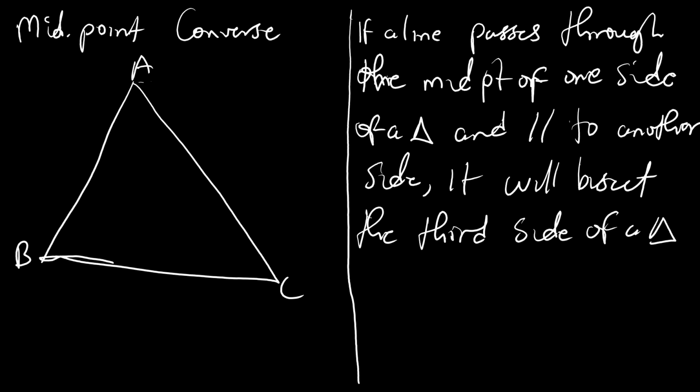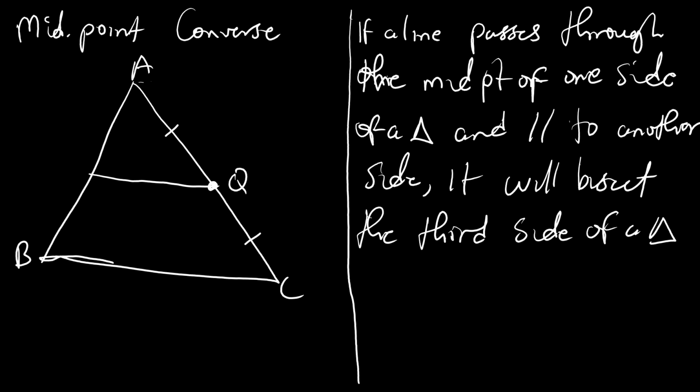So if a line passes through the midpoint of one side of a triangle, in this case we are only given one midpoint, the midpoint of one side only. Let's say we have the midpoint of AC, so AQ is equal to QC. We are not given the midpoint of two sides, but only one side.